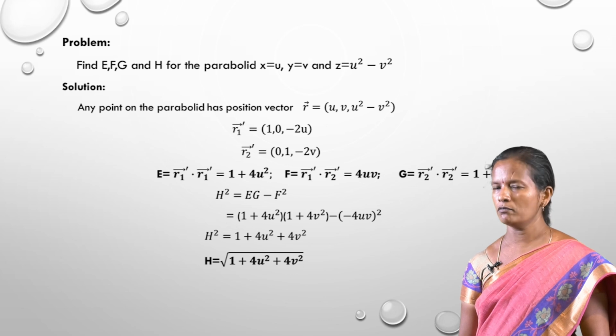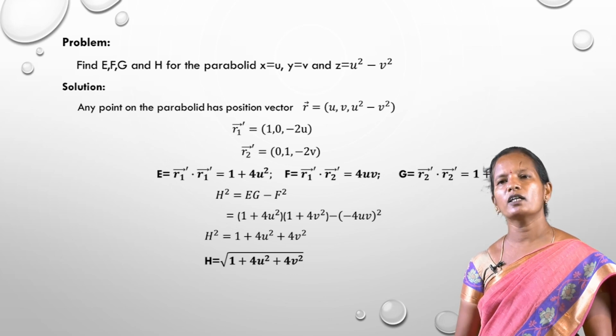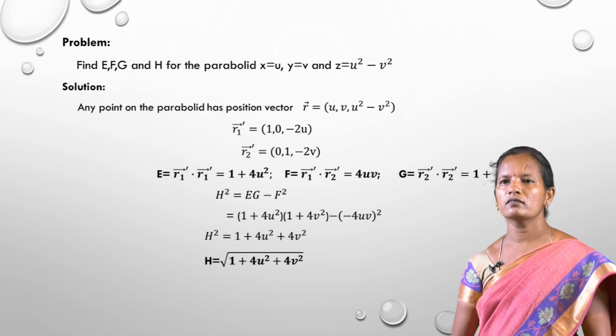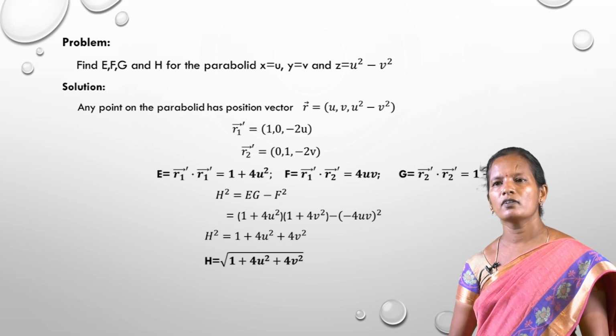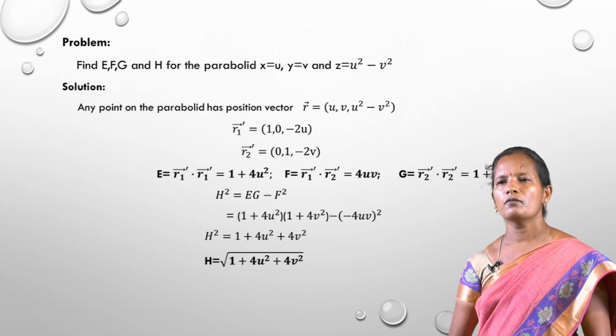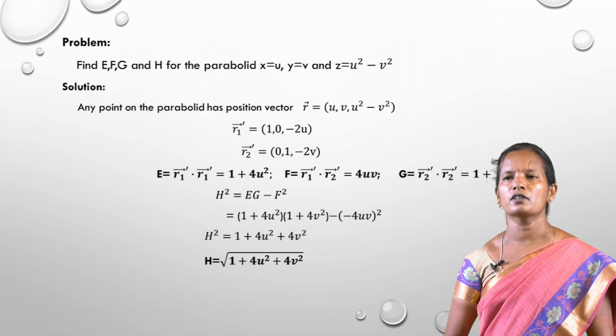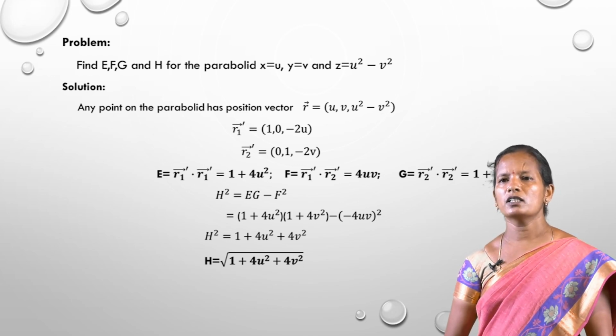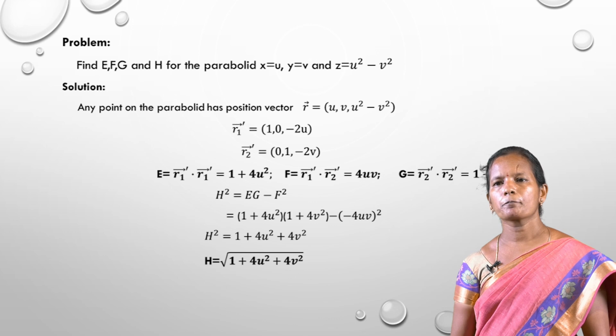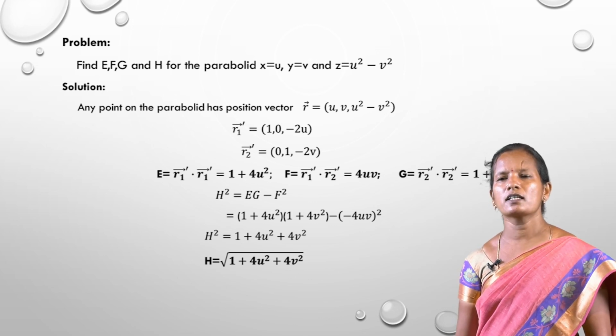We know the value for E: r1 dot r1, that is r1 squared, which is 1 plus 4u squared. The value for F is r1 dot r2, so minus 4uv. The value for G is r2 dot r2, that is r2 squared, so 1 plus 4v squared. H squared is EG minus F squared.